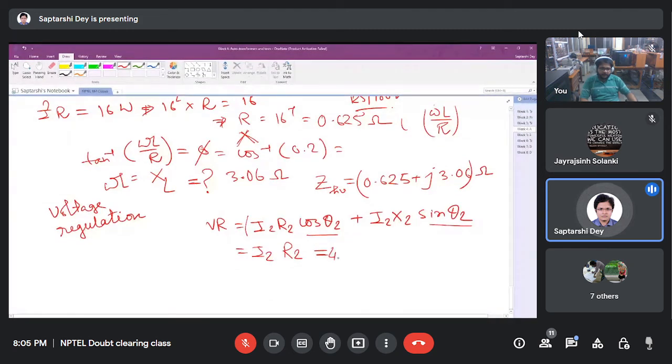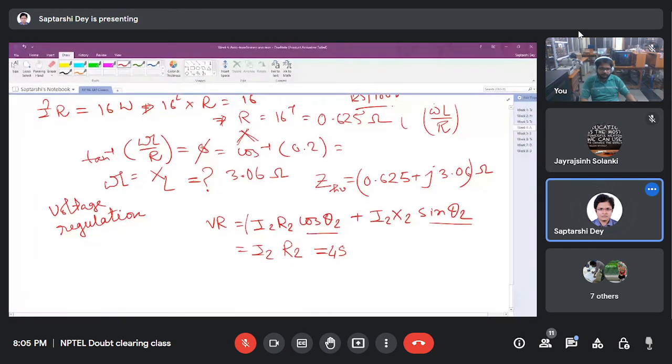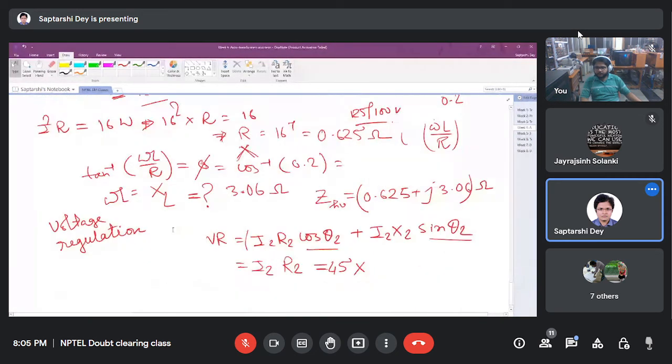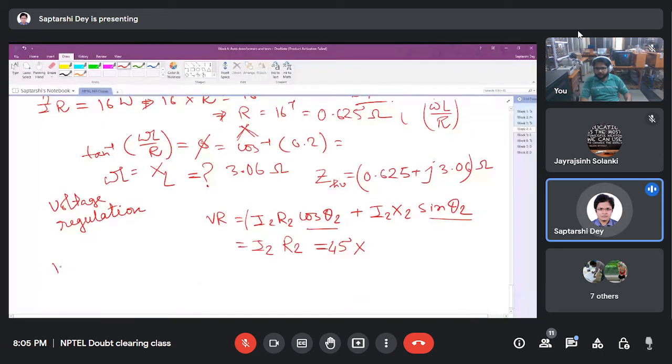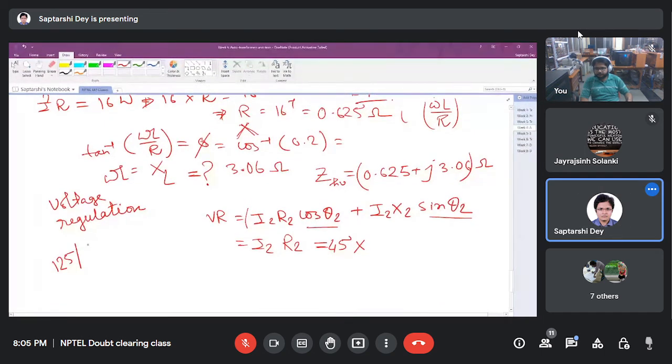And can someone tell me what will be R2? Can someone please unmute and tell me what will be R2? It is a 125 by 100 volt transformer. Well, no response.